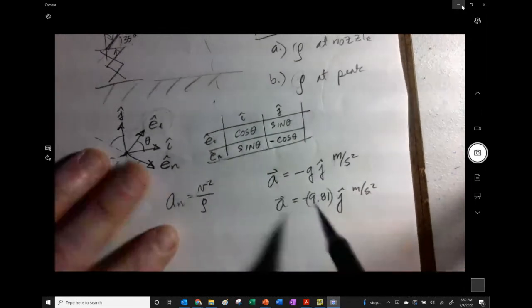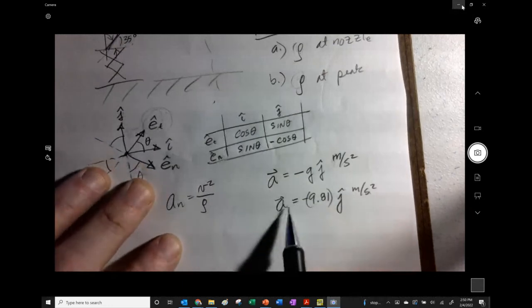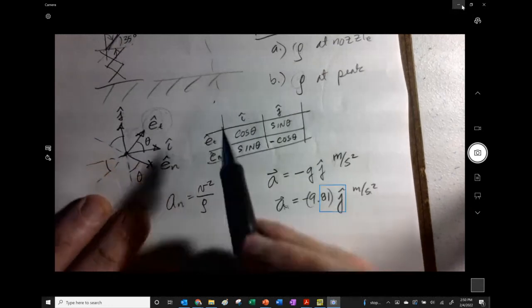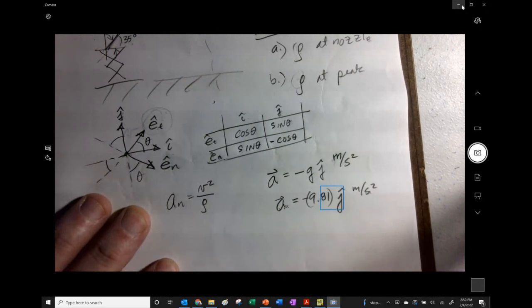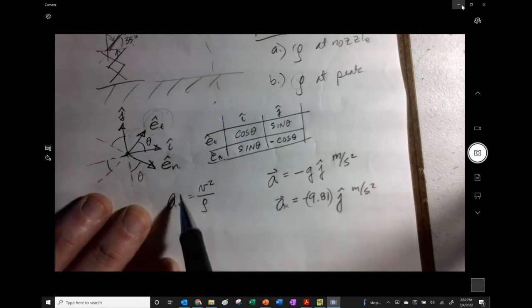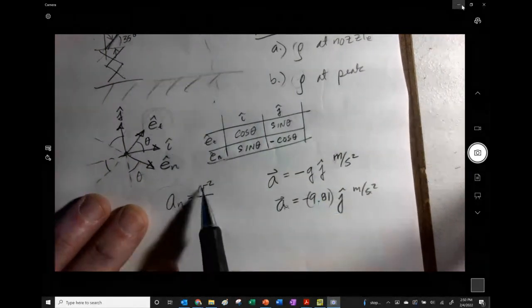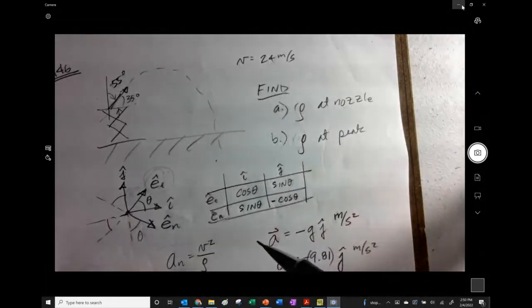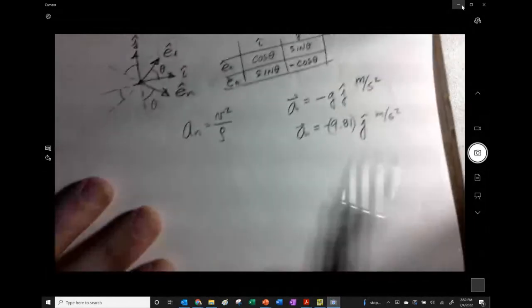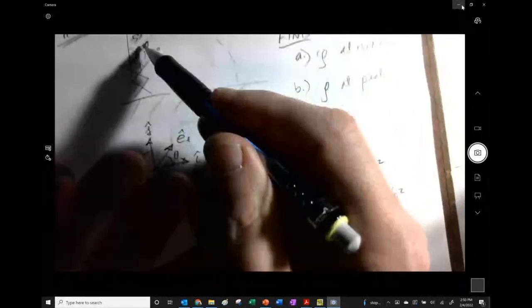Exactly. Yep. So what we could do is turn this into tangent and normal, right? And then we will have this component, and we know already the initial velocity. So we'll be able to find the radius of curvature at the beginning.